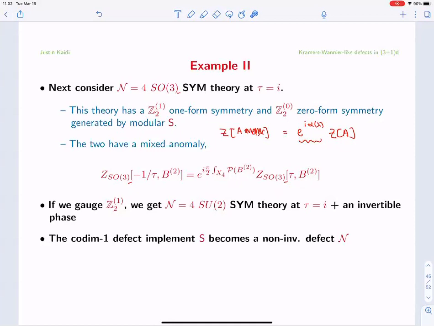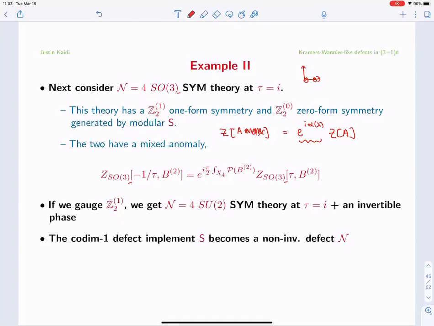Sorry, can I ask, what is the one-form symmetry here? The one-form Z2 symmetry in the SO(3) theory? So let's see how to say it best. In general, you have some spectrum of line defects, of line operators. So you take S-duality and then you have the SU(2), and then you say it's the one-form symmetry associated to the center of the SU(2) after you do S-duality?